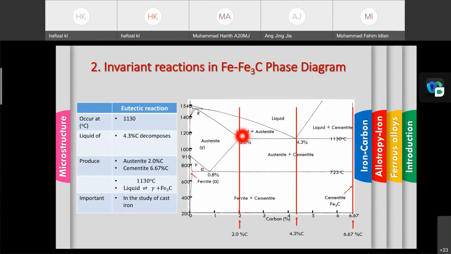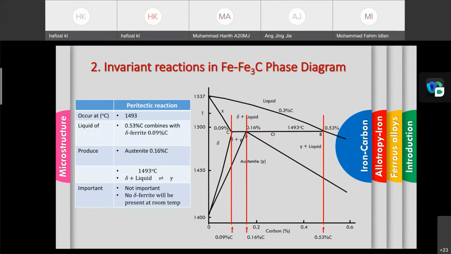The second is in this area, where the temperature is constant at 1130, and the third is the area of temperature constant at 723. We will discuss these three temperature points.